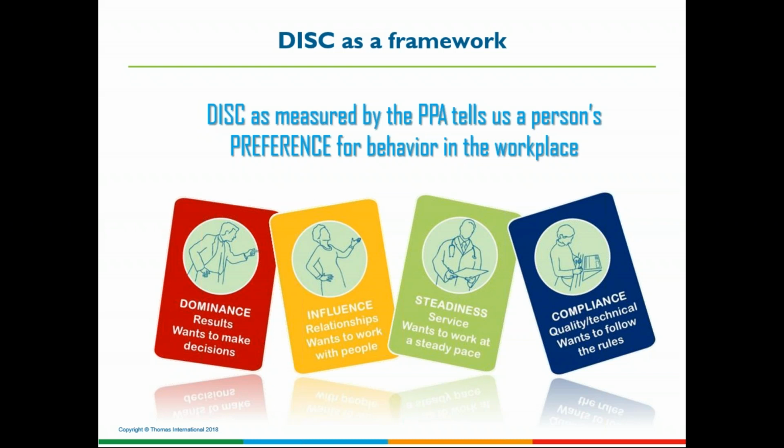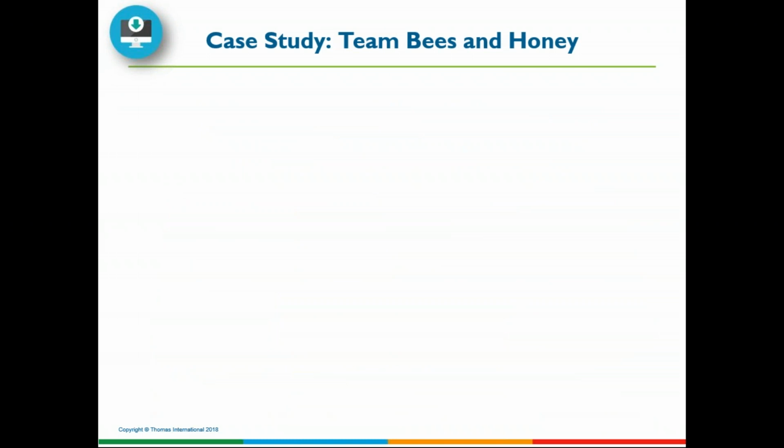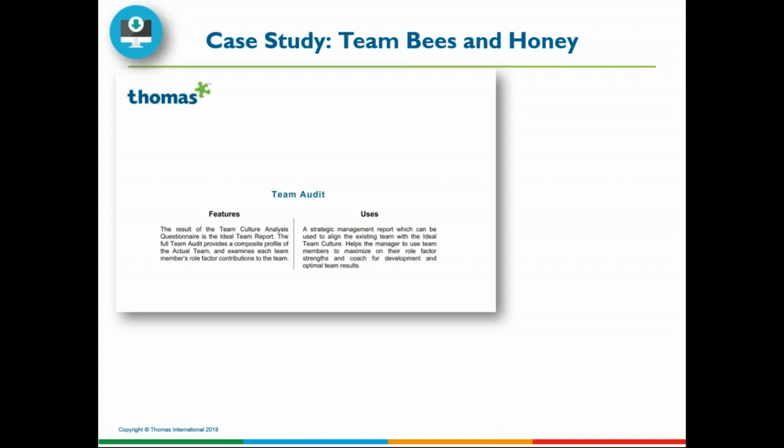But I don't think there's anybody I've ever met in business who has been fundamentally 100% trusted at all times by all people. For those of you with PPA certification, you'll know this already, and for those of you without it yet, your Thomas consultant can explain more about the power of DISC when you meet to discuss.